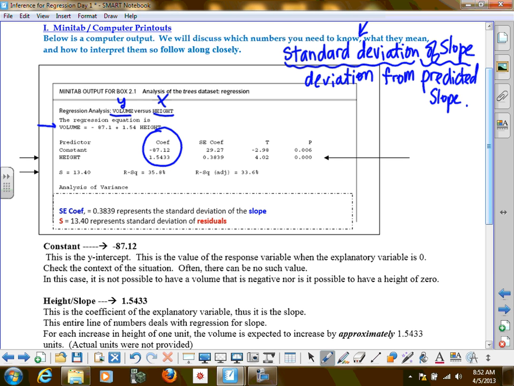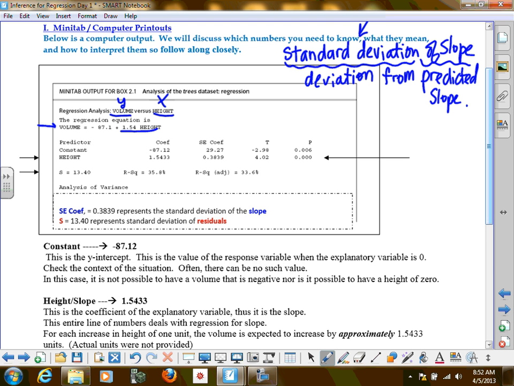So the slope is 1.54, the y-intercept is negative 87.1. Let's talk about that in context. What is the slope telling you in context? This is height in feet, and we'll just say units in general.